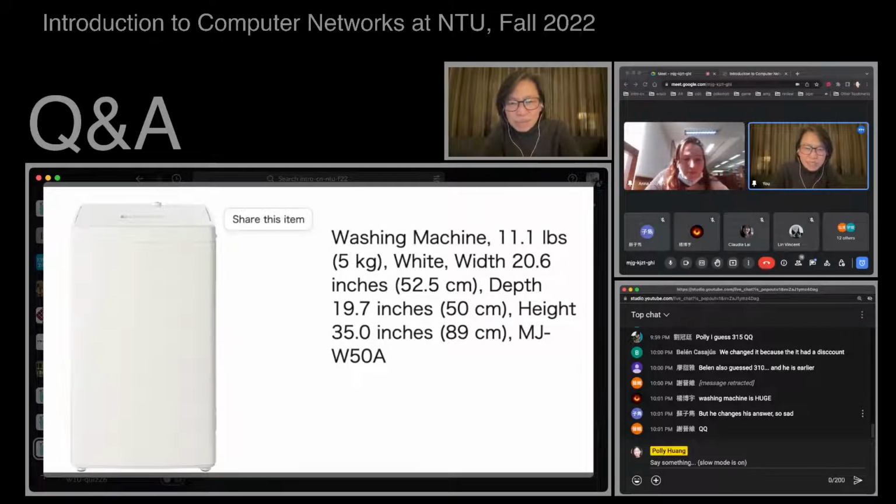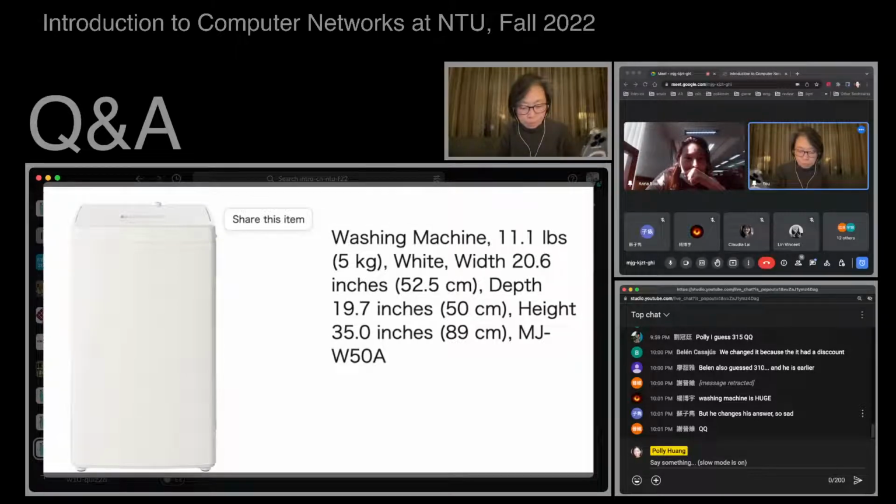I thought it's reasonable, right? The width is 20 inches, that's 50 centimeters. I think it's reasonable. All right, so Anna, are you ready? You have 30 seconds, just like Zijun.